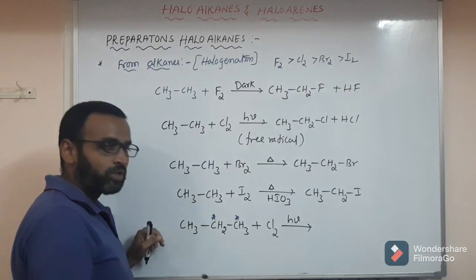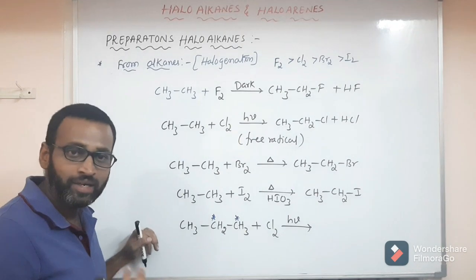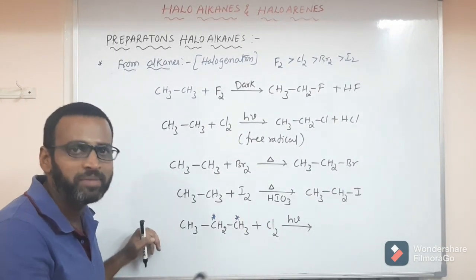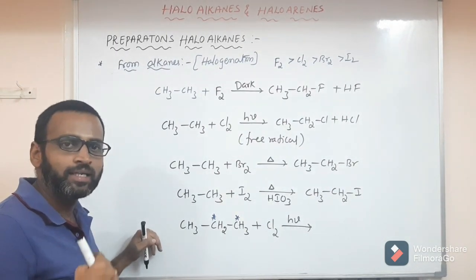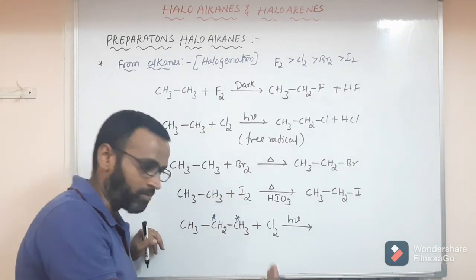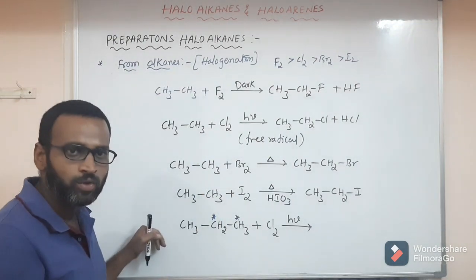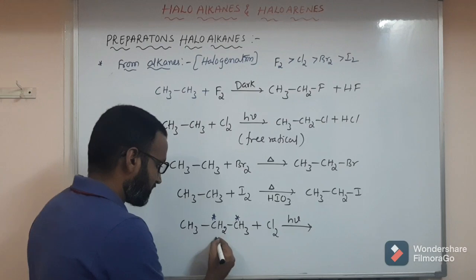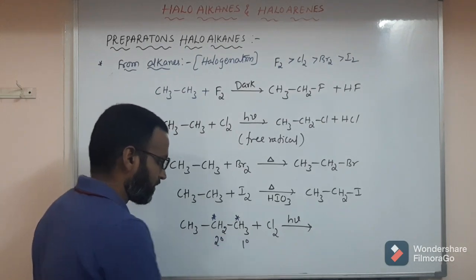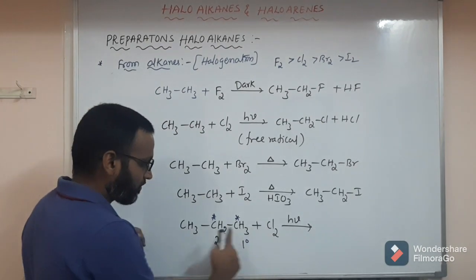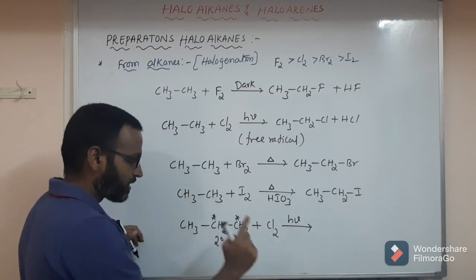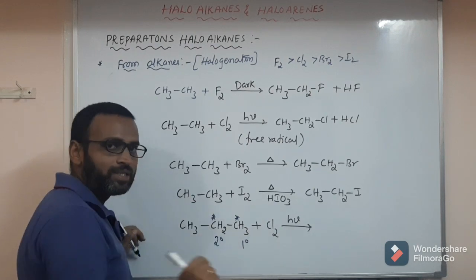A secondary free radical is more stable than a primary free radical. Actually a tertiary free radical is more stable, but here a tertiary is not there. That's why I am talking about the secondary. This is the secondary and this is primary. Chlorine will substitute here in one case and here in the second case.